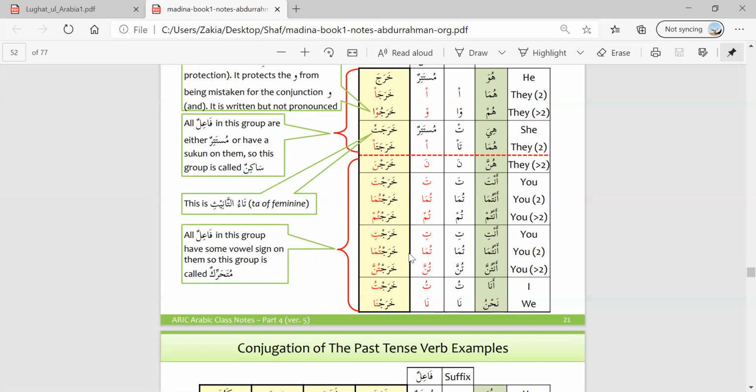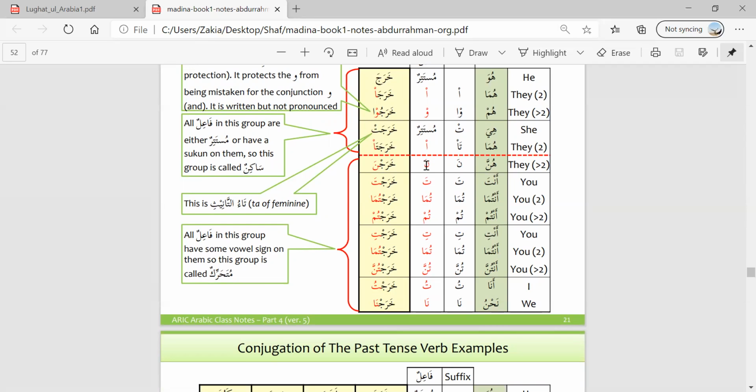Kharajtuma: here the verbs are the same. The past tense is the same for tuma, masculine and feminine. Kharajtunna, this is tunna, you all left, and that's khatib, those who are present. Ana kharajtu, I went out. We say kharajtu, sharabtu, kharajna, we all went out.